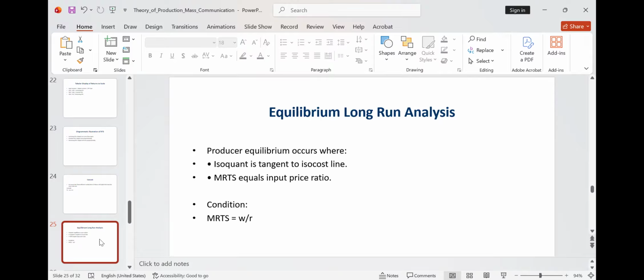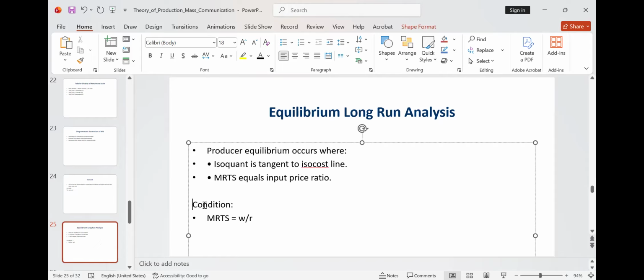Isoquant is the production curve. It is also where MRTS, the marginal rate of technical substitution, is equal to the input price ratio. On the basis of the condition that MRTS is equal to W over R, where W is your wage and R is your returns on investment.